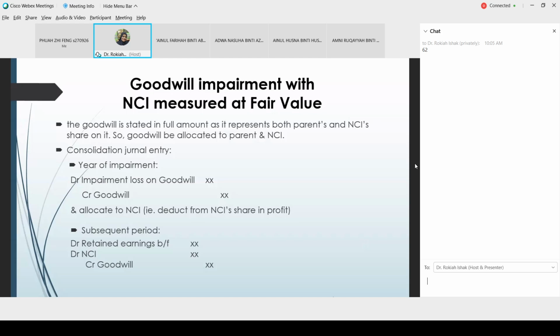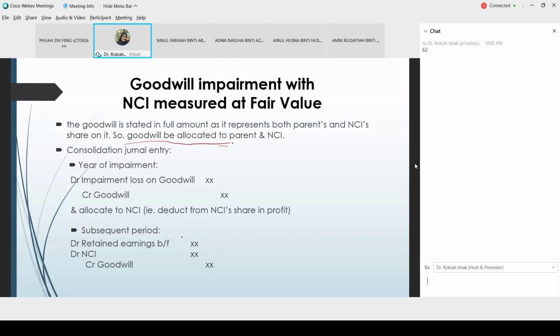Okay, so now we look at how we're going to record the impairment of goodwill if the NCI is measured at fair value. If the NCI is measured at fair value, the goodwill is stated in the full amount, as it is present for both parent and NCI shares.